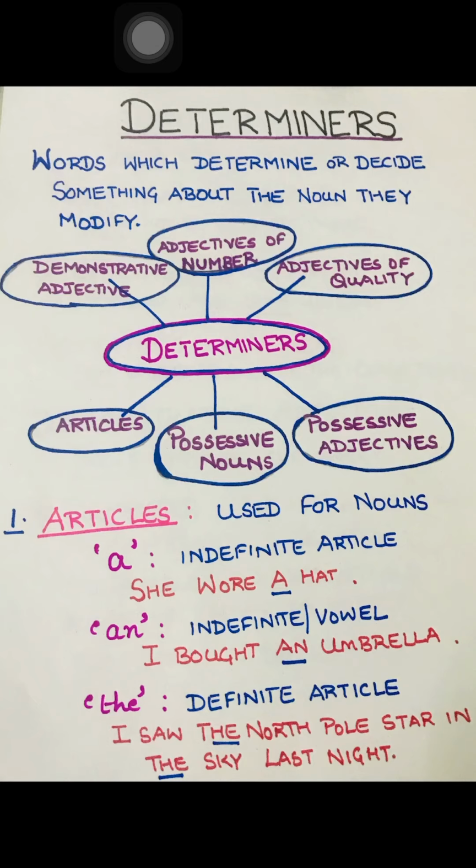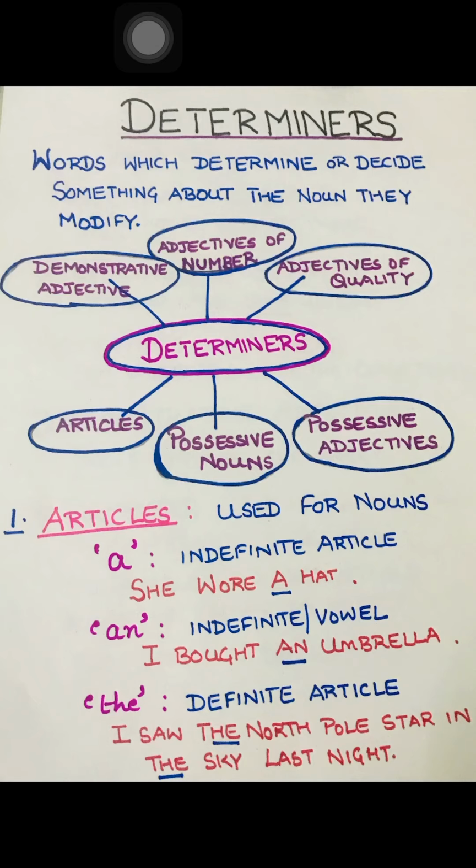Now, let us look at the article the. I read a sentence for you first. I saw the North Pole star in the sky last night. Over here, the article the denotes a particular star in the sentence.